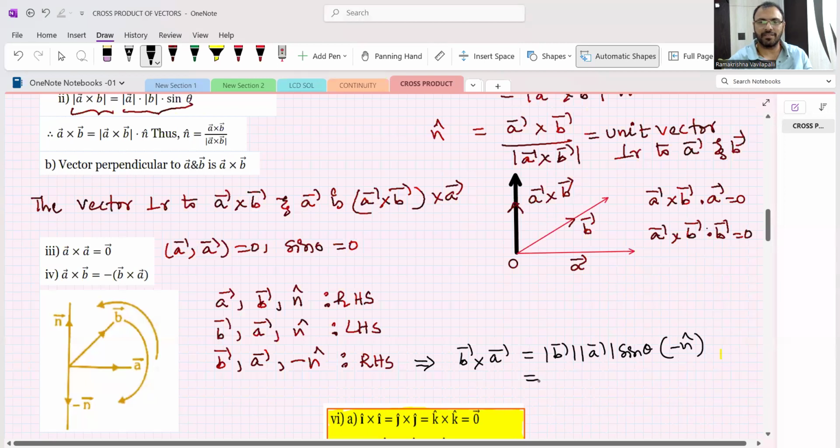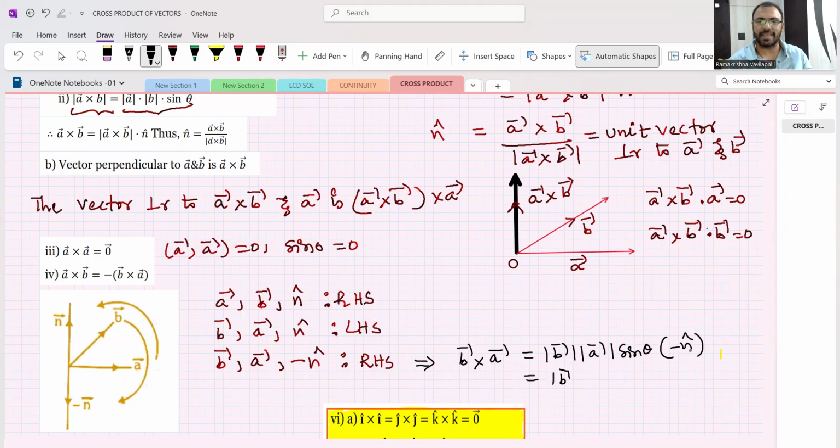Now you see that mod B mod A sin theta N cap is nothing but A bar cross B bar. So therefore, this is equal to minus of A bar cross B bar.